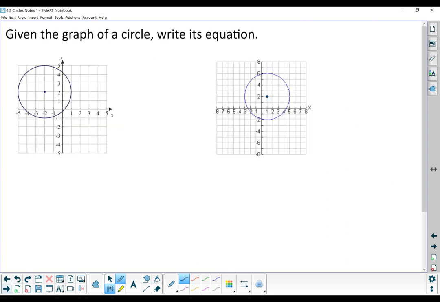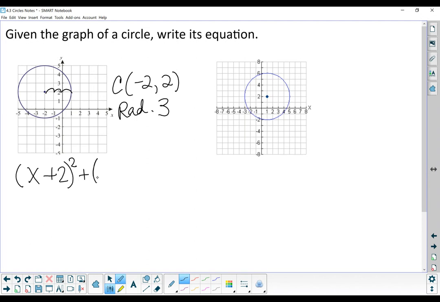Okay, so now we're going to do that same thing, but from a picture. So we maybe just have to pause and think about where the center is shown to be. So this first center is at negative 2, positive 2, and the radius, if I count it out, is 1, 2, 3. So our equation would be x plus 2 squared plus y minus 2 squared is equal to, and then 3 squared is 9, so it's equal to 9.